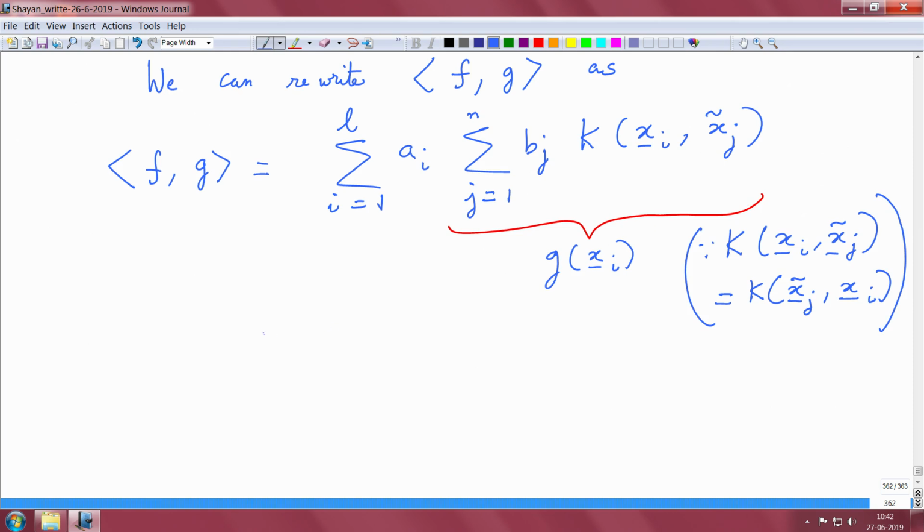So what is interesting from this is this inner product can be written as a linear combination of this function G evaluated at these points xi.